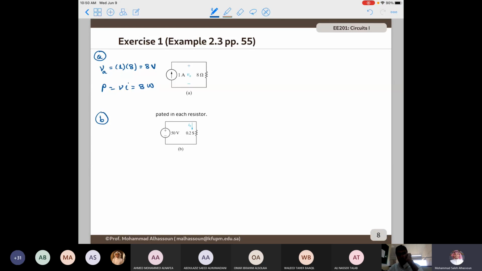For part B, Ziad. Okay, so the current is positive because it goes out of the positive. Yes.